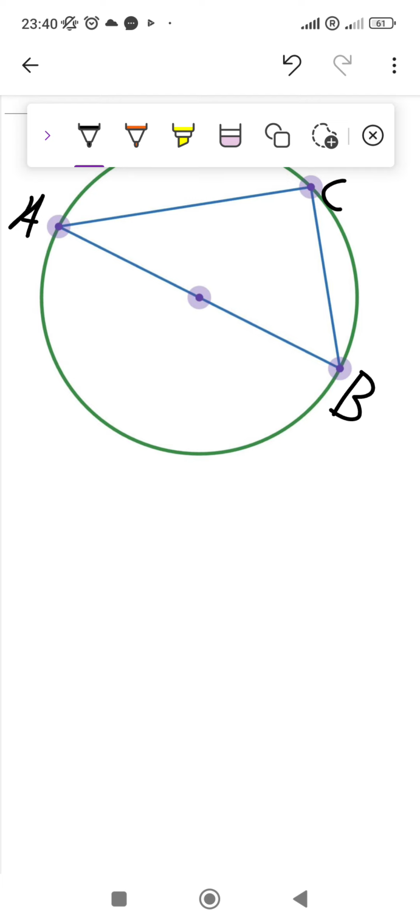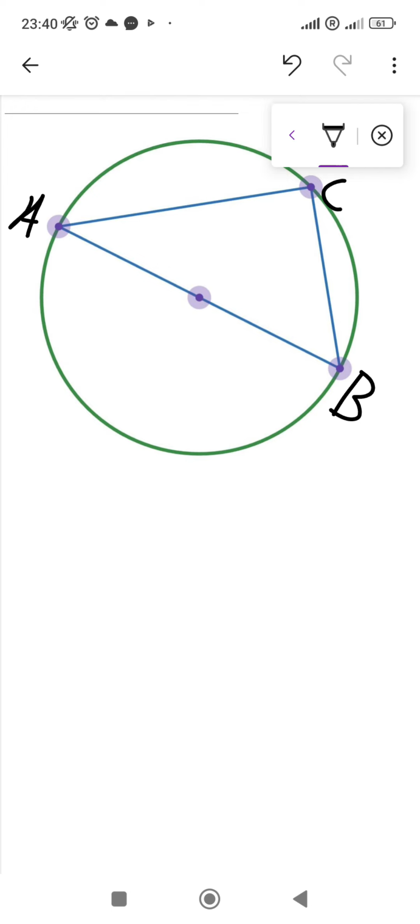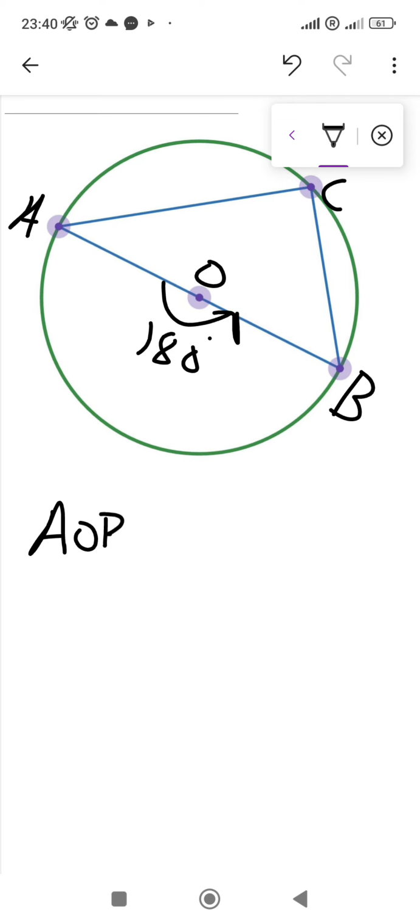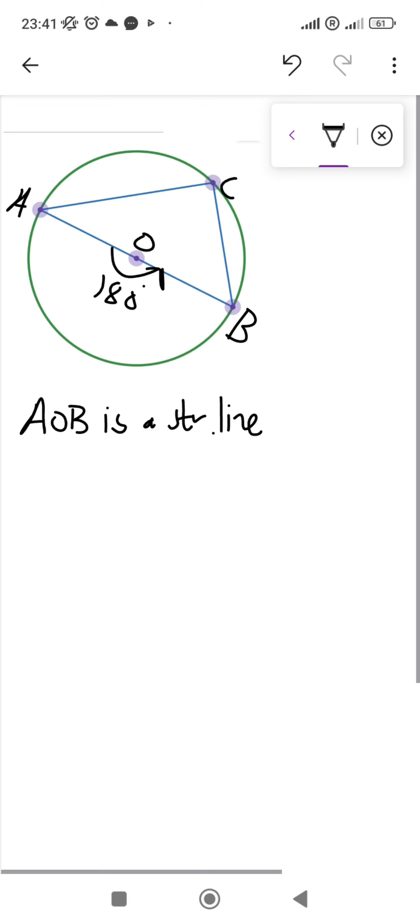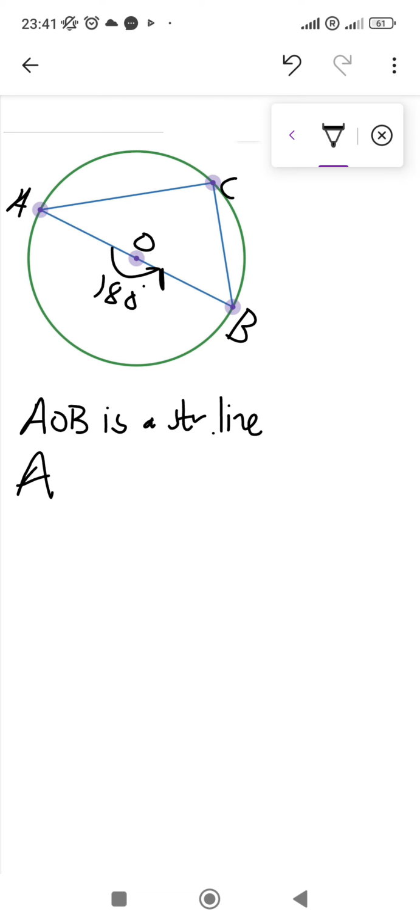Let's call this A, B, and C. And because we've gone through theorem 2, this can be a very quick one, because this over here obviously is going to be 180 degrees. Let's call O the center. So we are going to say angle AOB is equal to 180 degrees.